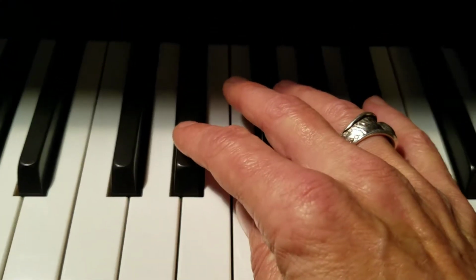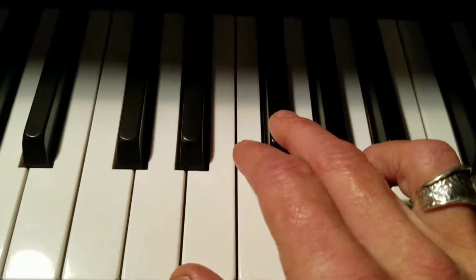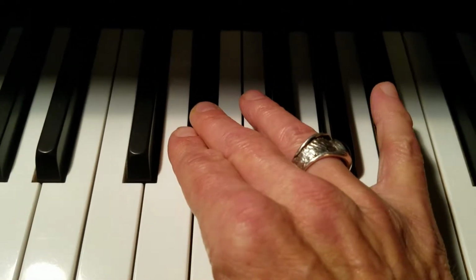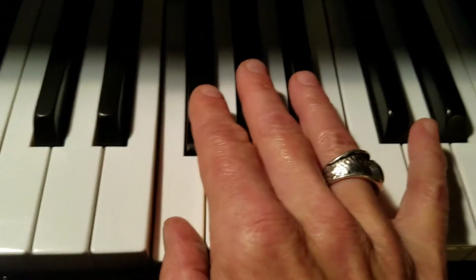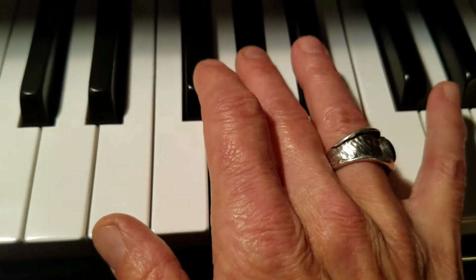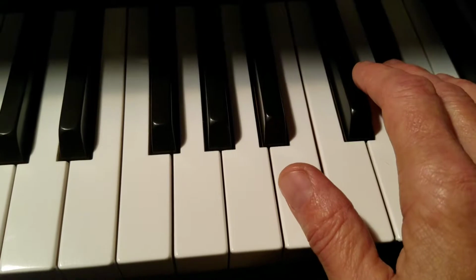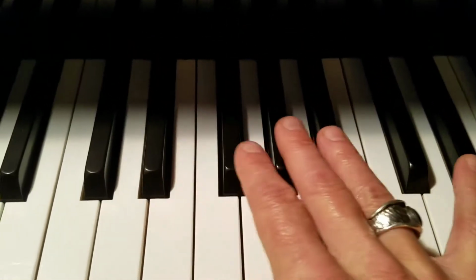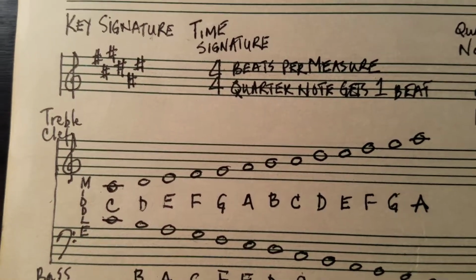Okay, we're in the key of D sharp minor, which is a minor third below F sharp. So we go down a half step and down a whole step to get the relative minor key. So we have D sharp, E sharp, F sharp, G sharp, A sharp, B, C sharp, and D sharp. Okay, in this case we're in the natural minor scale, so we follow exactly the same notes as in the key of F sharp major.